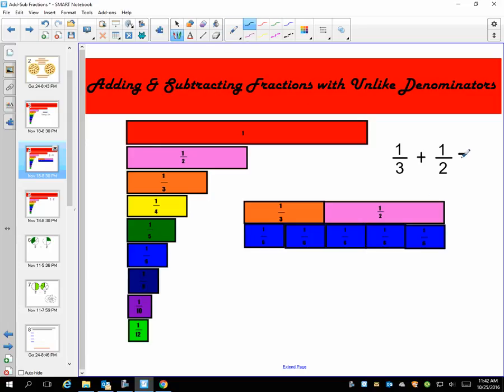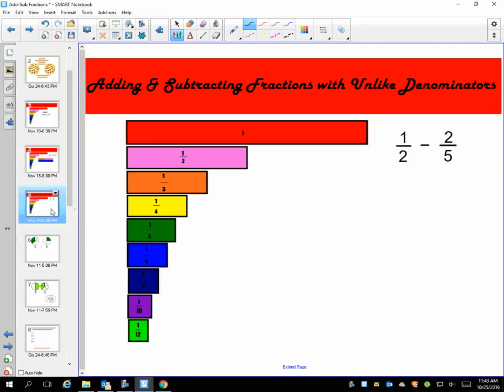So our answer to this problem is 5/6. Now I want you to take a look at these numbers. A common mistake that some fifth graders make is adding straight across. 1 plus 1 is 2, but we can clearly see it's 5. And 3 plus 2 would be 5, but we can clearly see our denominator is 6. So we're going to find out how this works numerically, but in the pictures we can see that 1/3 plus 1/2 is 5/6. Okay, clear your tiles.